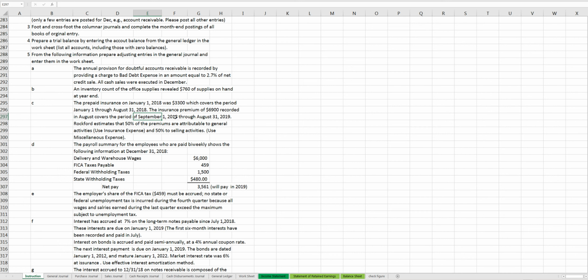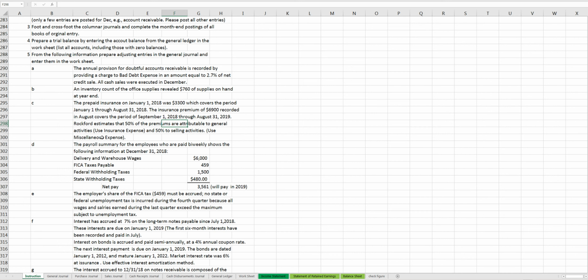Then how do we record the expense? Based on the rule, the company estimated 50% of the premium is attributable to general activities, so we're going to debit insurance expense, and 50% will cover selling activities, so we're going to debit miscellaneous expense.